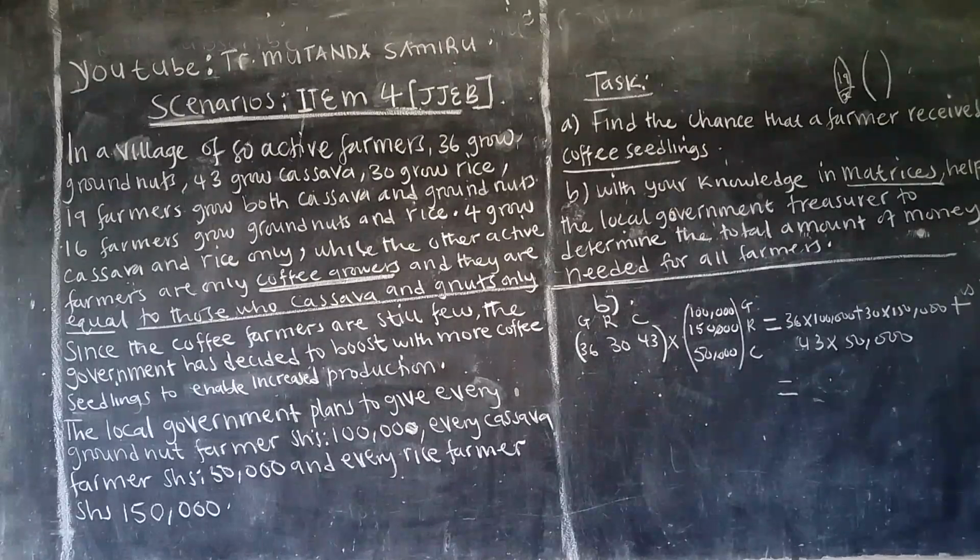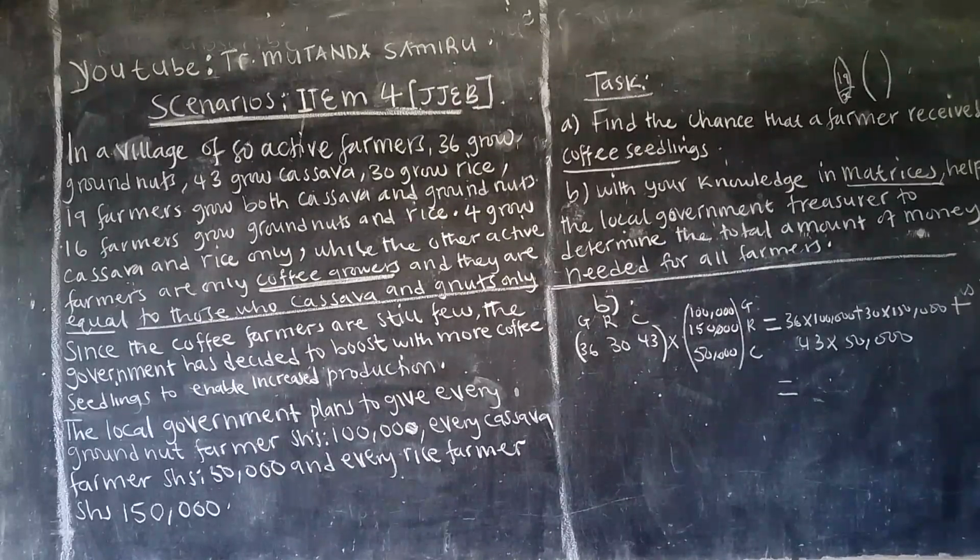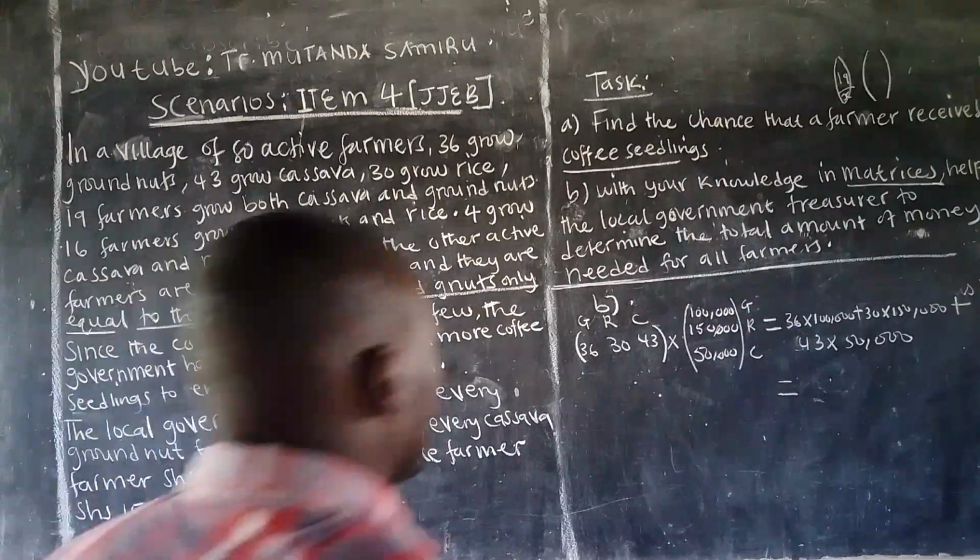But according to mine, if I multiply here, this will now be, use your calculator please. 36 times 100K will be 3,600,000.